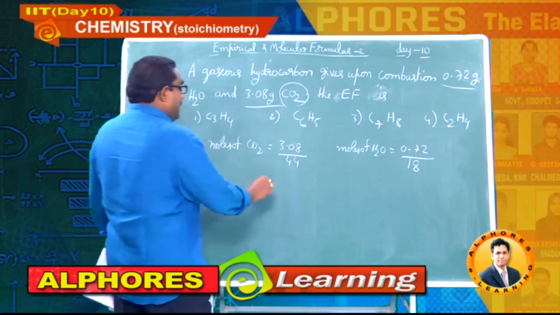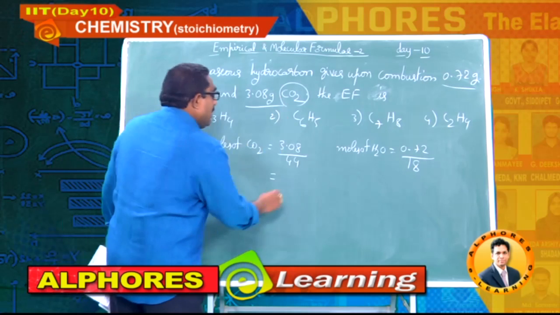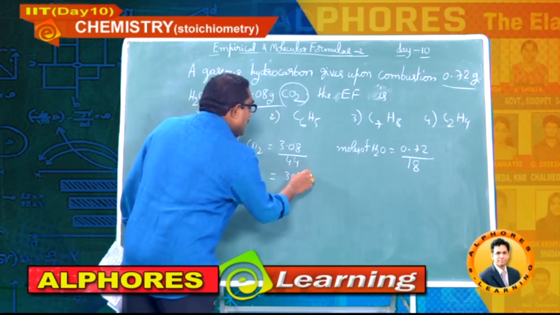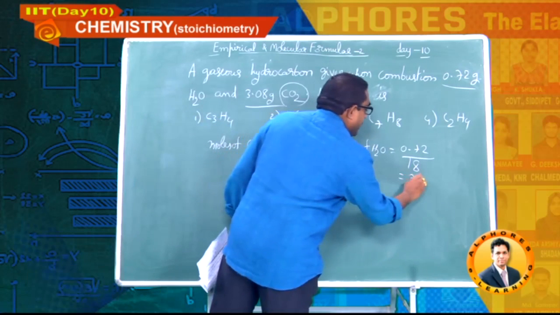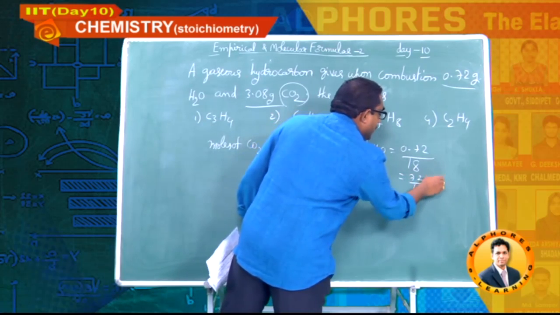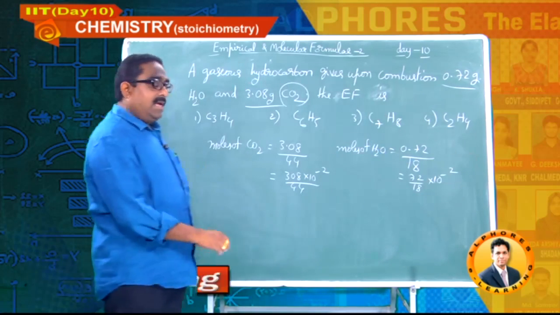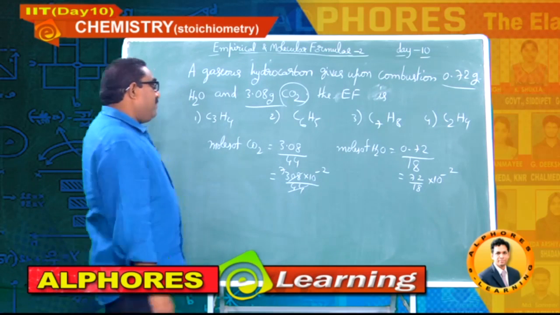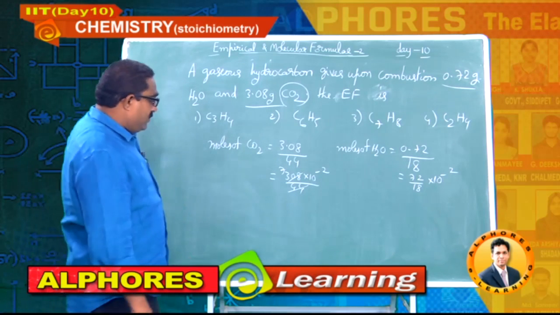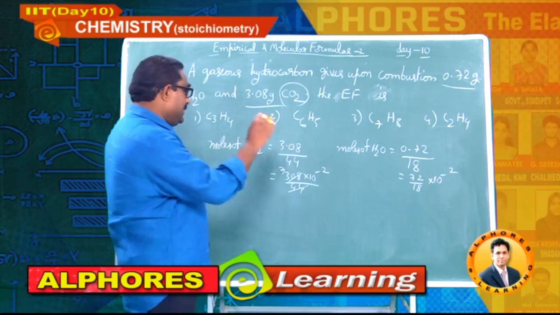Okay, let me calculate. I am going to write it as 308 into 10 power minus 2 by 44. Here also I am going to write 72 by 18 into 10 power minus 2. This is exactly 7, I think. 7 40s are 280, 7 4s are 28, 308 exact.